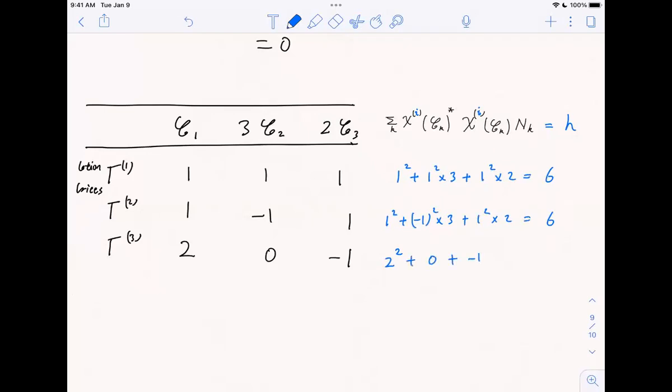You have 0 times 3, times 3 times negative 1 square times 2. So you have 4 here, you have 2 here, then you all get 6. Okay, you all get 6. So you see that the character follows the orthogonality relationship.